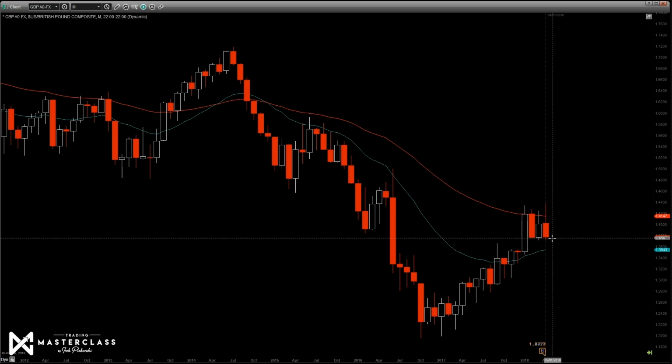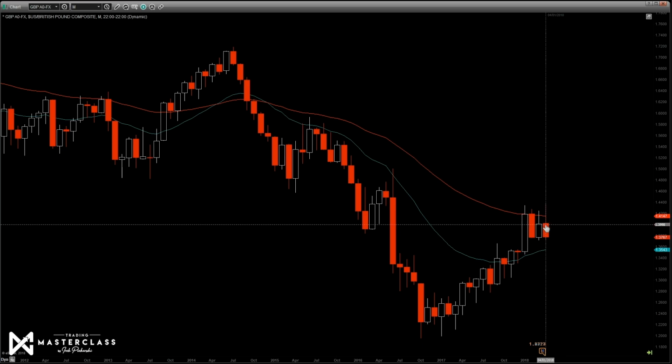What that gives us is a few different points. It gives us the open price, the close price, the extreme high and the extreme low. That's something a line chart does not give us. A line chart only gives us one point, which is either the extreme high, the extreme low, the close price, or the open price.